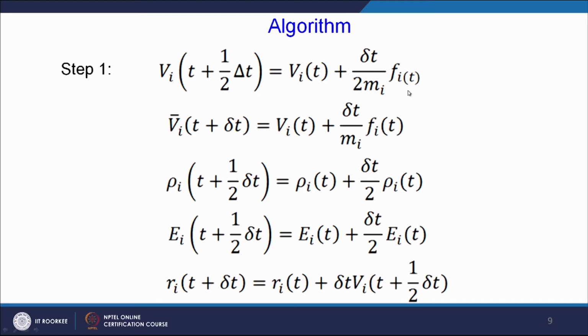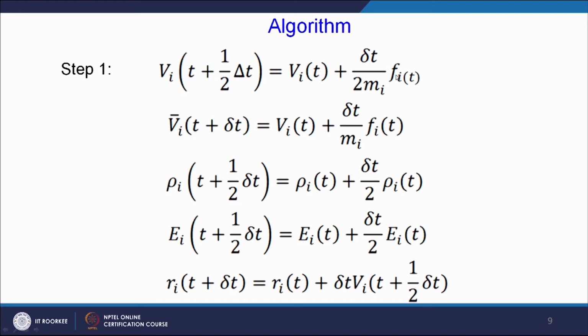This Fit is nothing but the force on the ith particle at the tth time step. On the right hand side, everything is known to me: mass of each particle, velocity at tth time and force at tth time, and delta t we will be choosing. So, the time step we will be choosing.